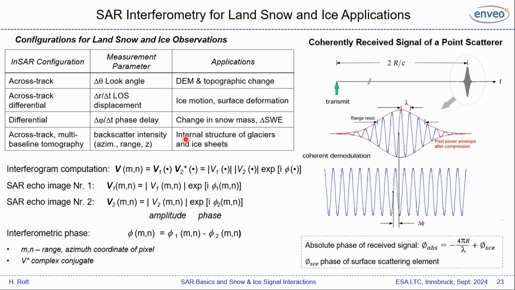Some years ago, we had one of the very first experiments on Mittelbergferner in Ötztal, where the theory and the computations were done by Politecnico di Milano, Andrea Monti Guarnieri and his colleagues. It was really very interesting what could be achieved, and in the future experiments from satellites are also planned.